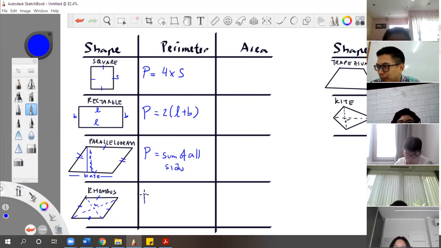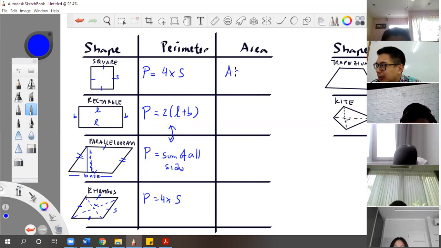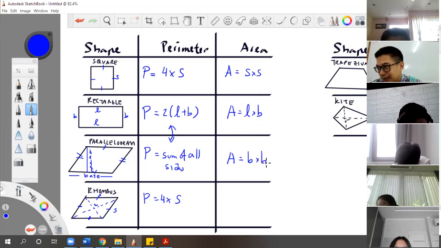This also 4 times sides, because the sides are the same, right? But this will be the same as the rectangle, but in a different formula. Area, A equals side times side. A equals length times breadth. Area equals base times height. Okay, that's the formula. I think you try to remember.